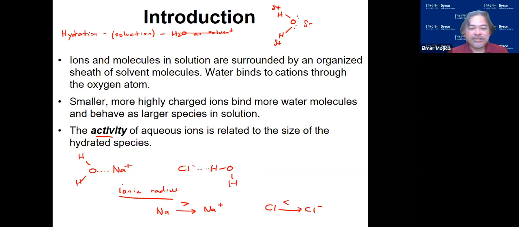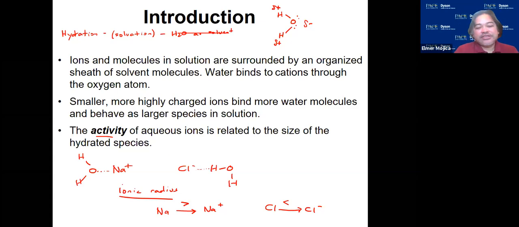They are usually surrounded by a shell of solvent molecules. So that means you cannot see Na plus or Cl minus existing as bare ions. Usually they will be surrounded by the solvent molecules. And if you have water, the exchanges between the bulk solvent and the ion coordinate sites are usually quick or rapid.